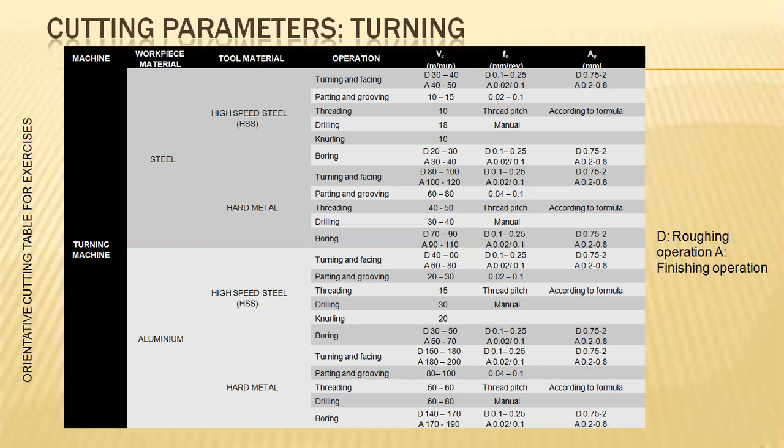For aluminium, if you use high speed steel or hard metal as tools to operate on the aluminium material, then for different operations such as turning and facing, for a diameter of 40 to 60, a speed of 60 to 80 meters per minute is maintained. The feed rate is 0.1 to 0.25 and 0.0 to 0.1.